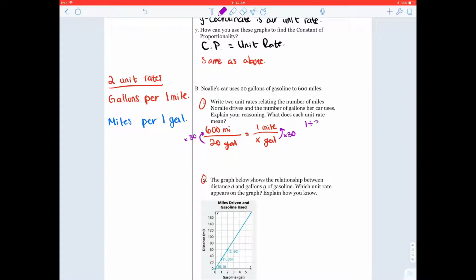So I solve this by doing 1 divided by 30, and you're going to get 0.03 repeating. What does this number mean? Well, what were we solving for? We were solving for the number of gallons for 1 mile. So when we travel 1 mile, we use 0.03 repeating gallons per 1 mile.